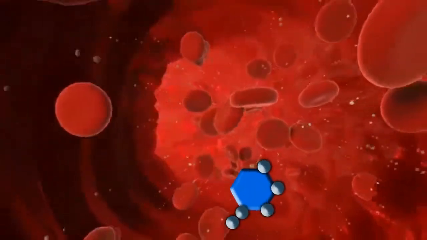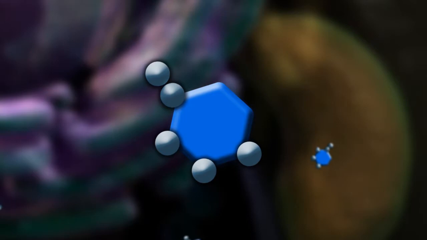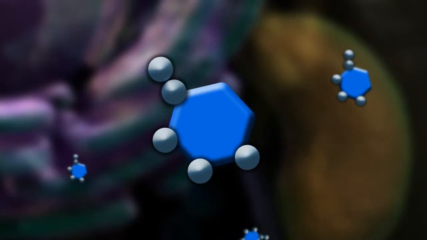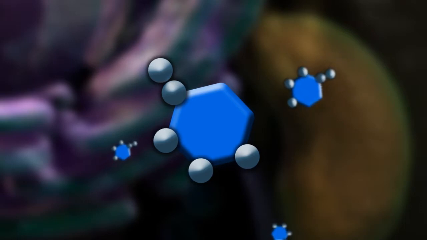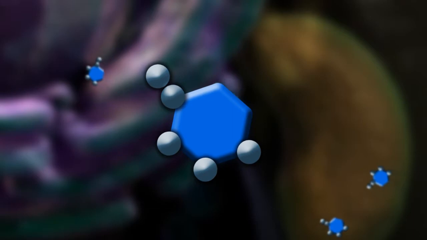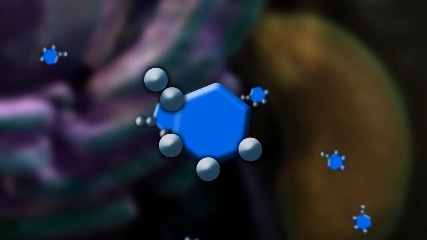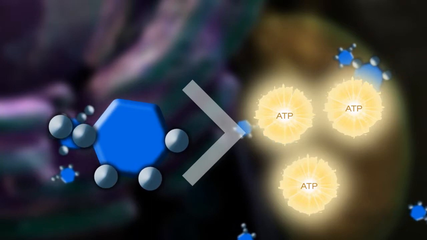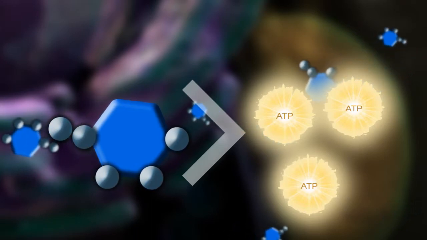From there, nutrients like the carbohydrate and glucose will leave the bloodstream through a capillary wall and enter a tissue cell. Once inside the cell, cellular respiration will completely oxidize the glucose molecule, releasing high-energy electrons. The overall goal is to make ATP, a storage form of energy for most cells.